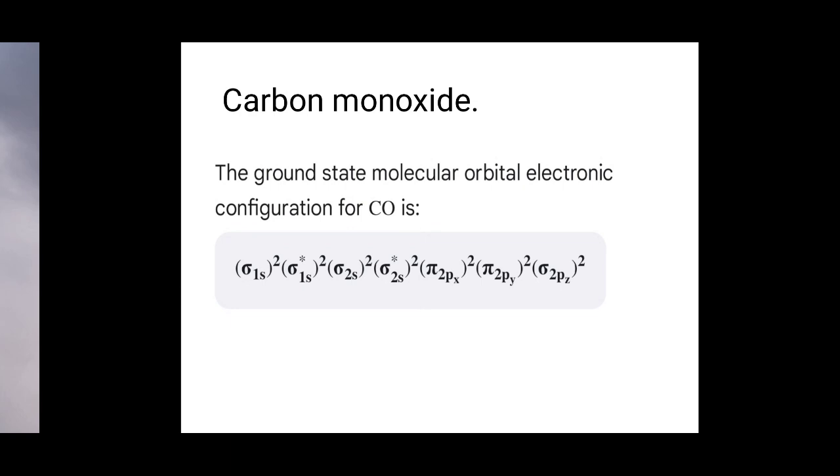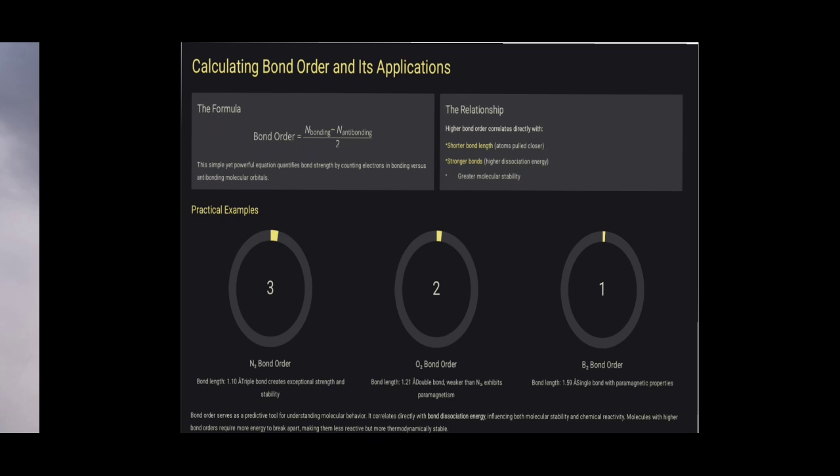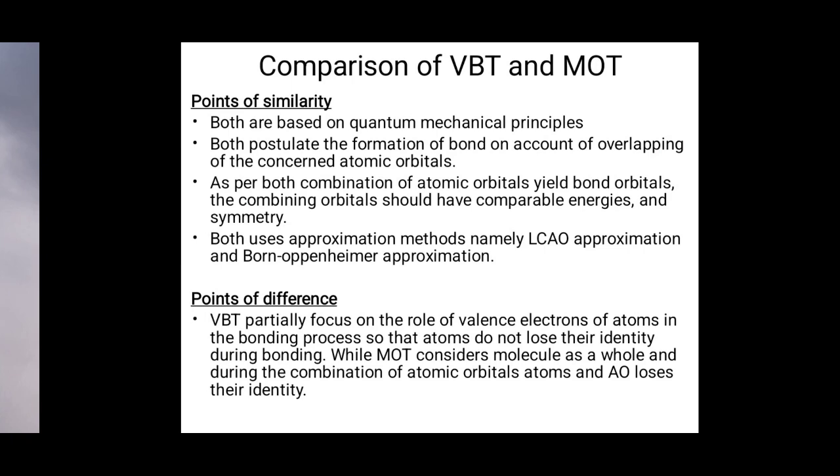In carbon monoxide, there are a total of 14 electrons and they are distributed in this manner. Then calculating the bond order and its application, we already discussed.